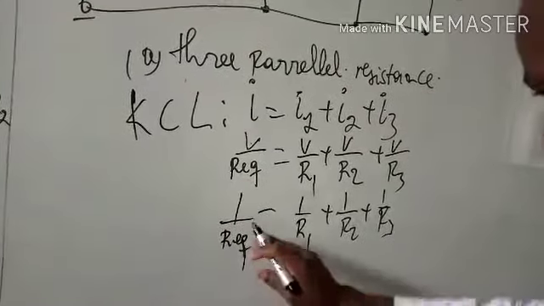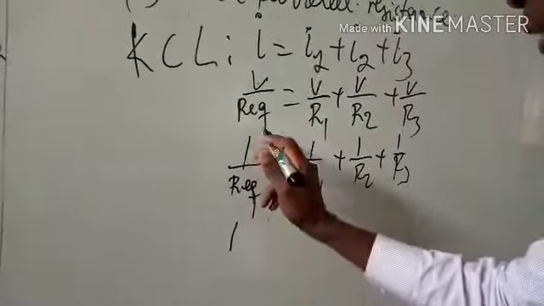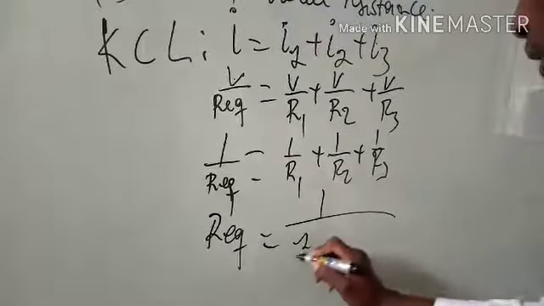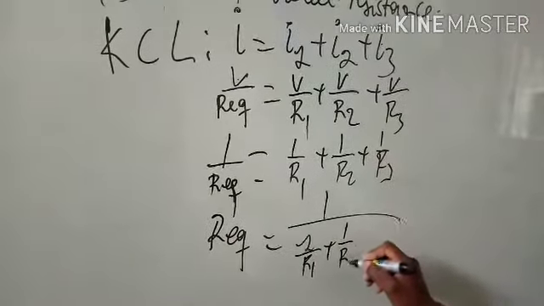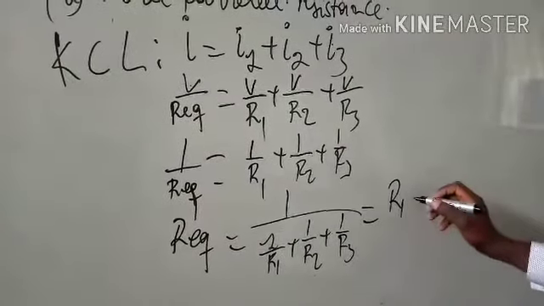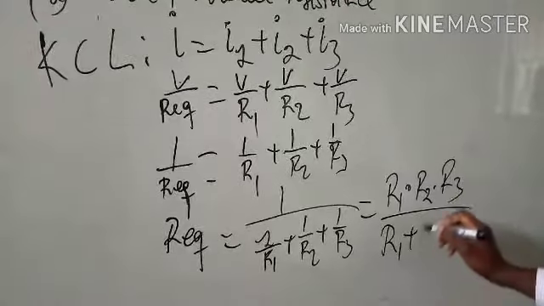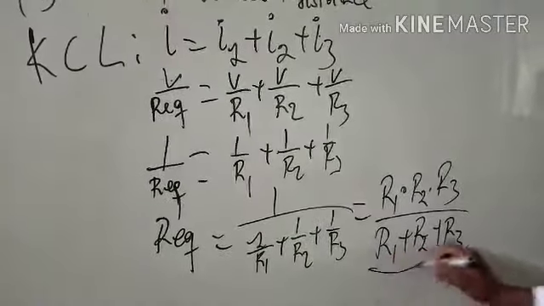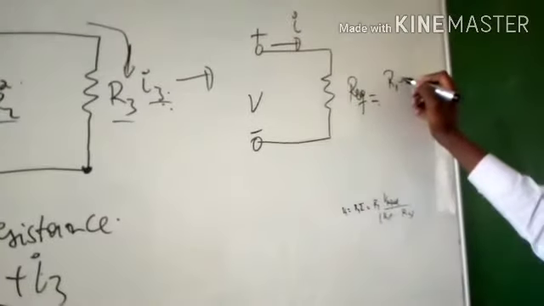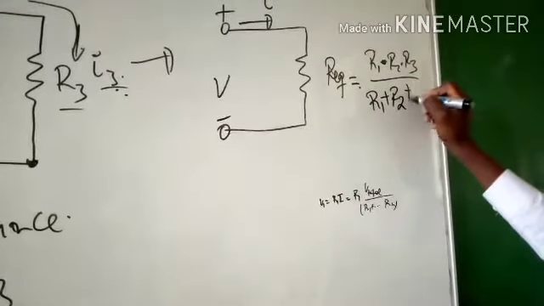We can take the inverse of this, and then R equivalent will be equal to 1 over (1 over R1 plus 1 over R2 plus 1 over R3), which gives us R1 times R2 times R3 over R1 plus R2 plus R3.